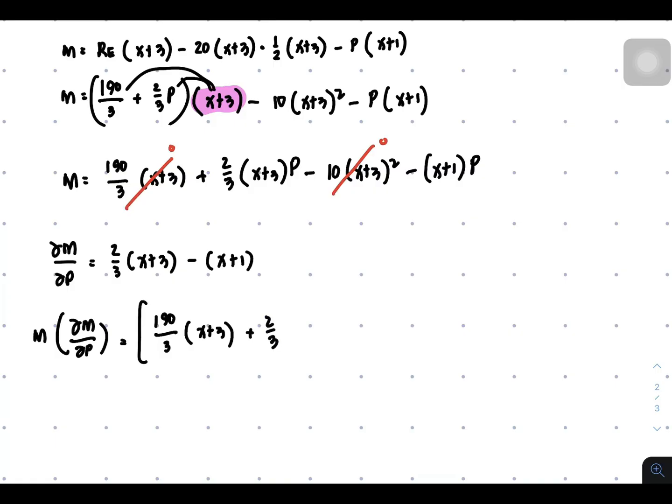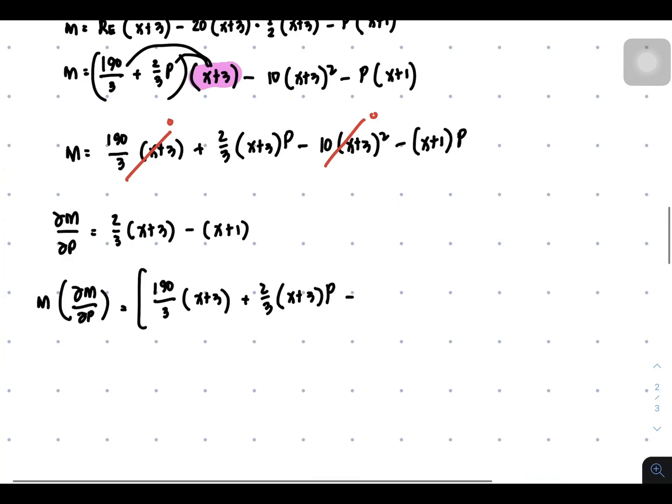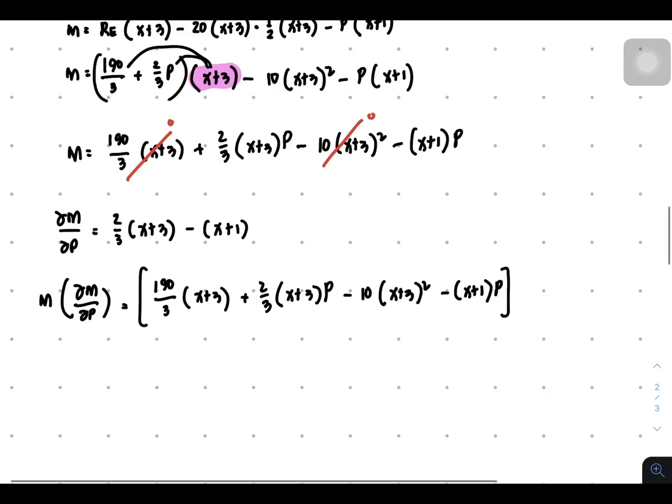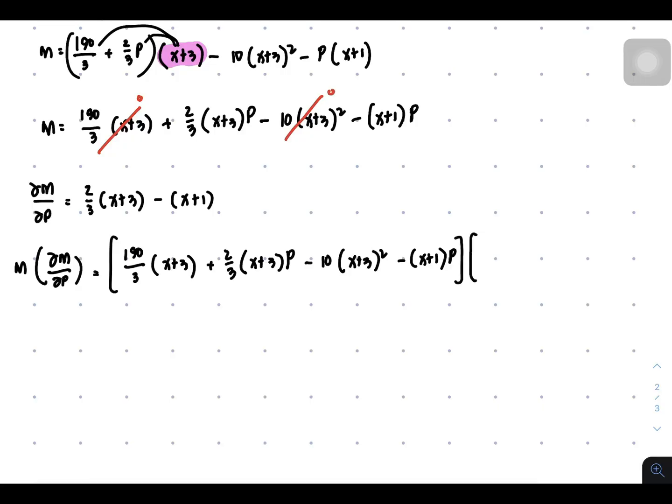And then plus 2 over 3 times x plus 3 P minus 10 times x plus 3 square minus x plus 1 P, to be multiplied by the term 2/3 of x plus 3 minus x plus 1. And this time we are now going to set the term with P to 0 permanently. So the terms with P are 0 now.